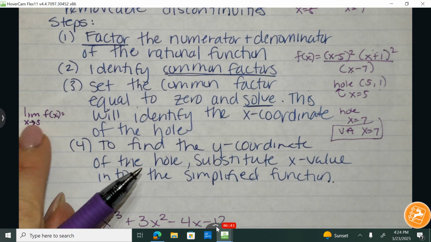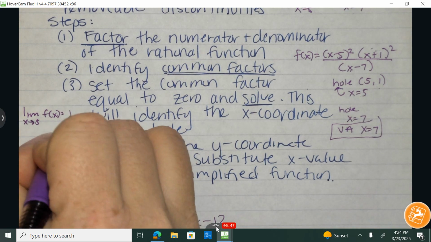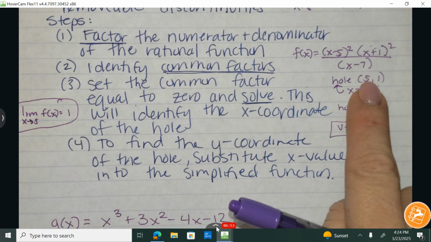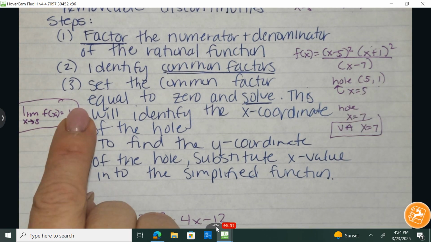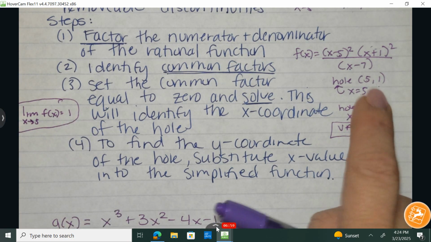So as x comes to 5 from the left and right, we are approaching a y value of 1. This would be the way to express this limit. It doesn't mean that this actual ordered pair exists. This is where we're describing that it approaches this value. It doesn't mean that the actual ordered pair exists on that graph.